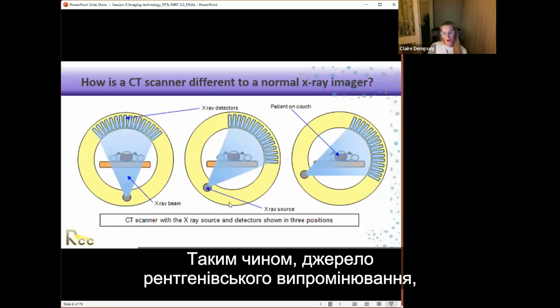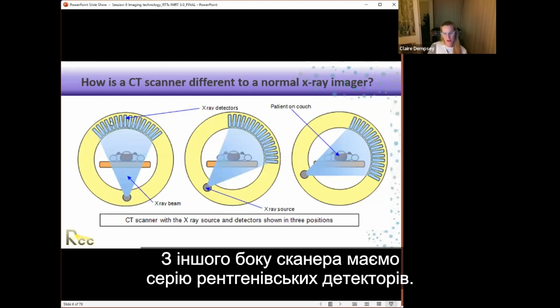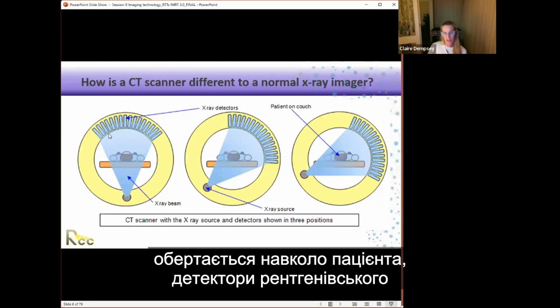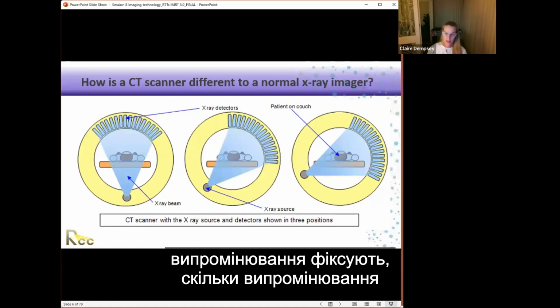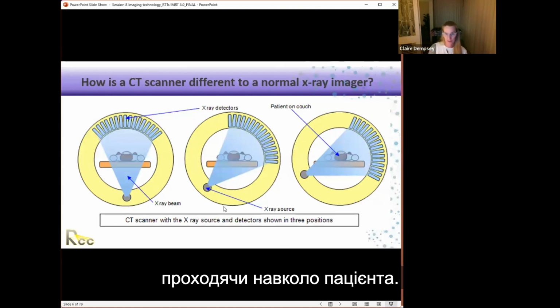We have our rotating X-ray source that goes around the patient. On the other side of the scanner, we have a series of X-ray detectors. As our X-ray source rotates around the patient, the X-ray detectors will pick up how much radiation is passing through the different parts of the patient at the different angles.